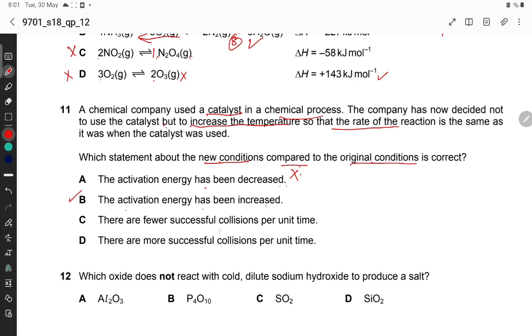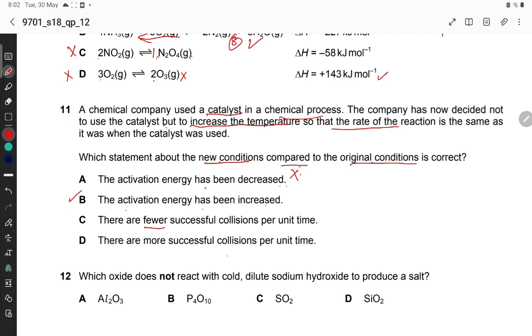There are fewer successful collisions per unit time. As we can see, in the new conditions we have increased the temperature and removed the catalyst, so there is no effect on successful collisions.